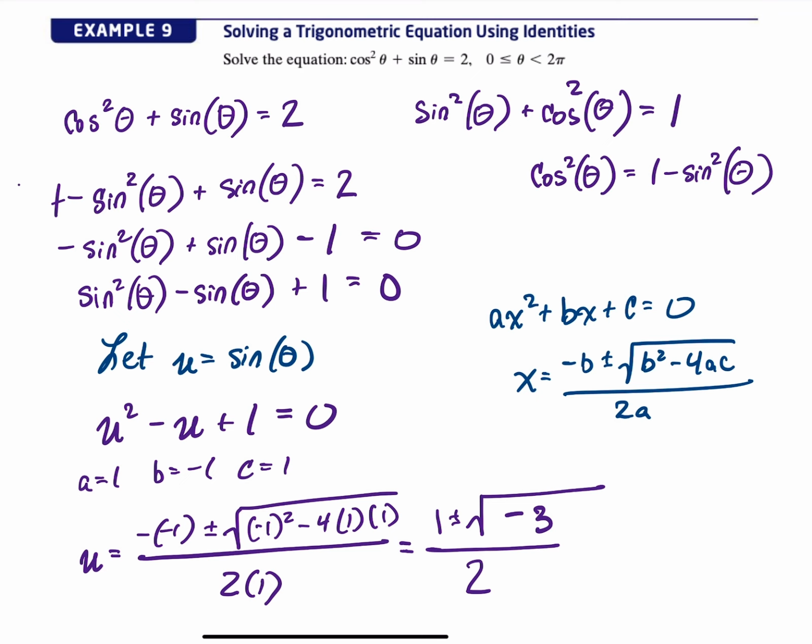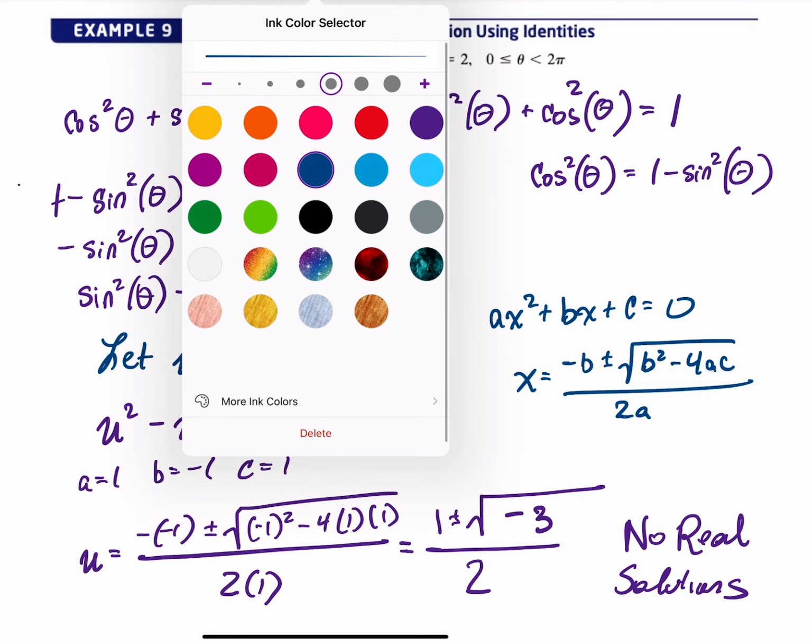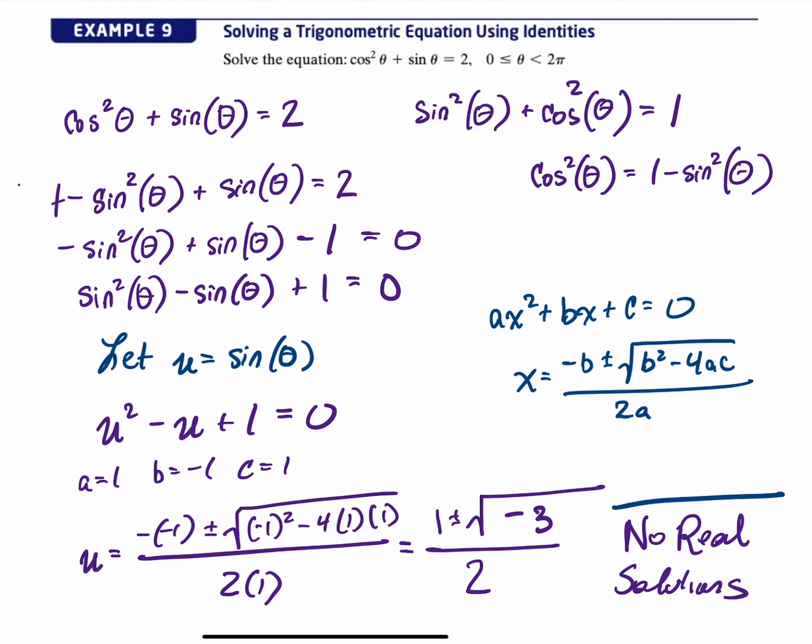And at this point, we'll have to stop because we're not doing anything using imaginary numbers, at least not yet in terms of trigonometric equations. So we'll have to say no real solutions. Definitely no solutions between 0 and 2 pi, which are real numbers. So at that point, we'll have to stop here.